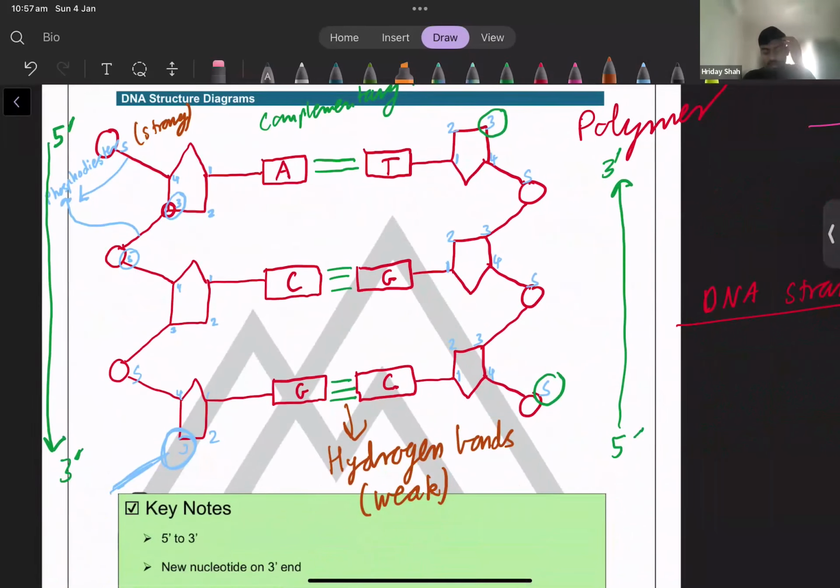So that means when you try to break apart DNA, the first bond that will break is the hydrogen bond. Now, the individual nucleotides, therefore, do not break apart. All that you'll be doing is separating the two strands of DNA into individual single strands.